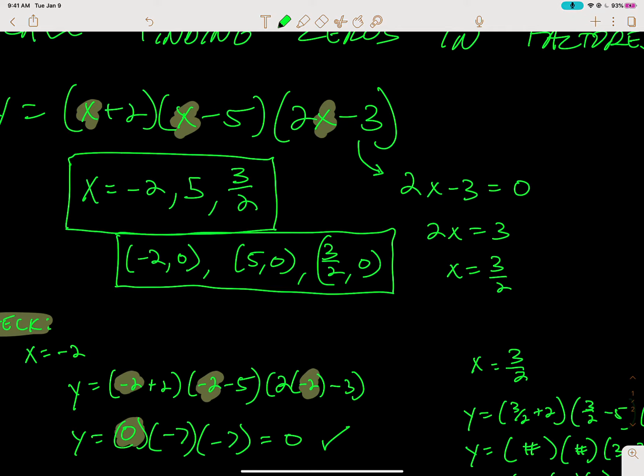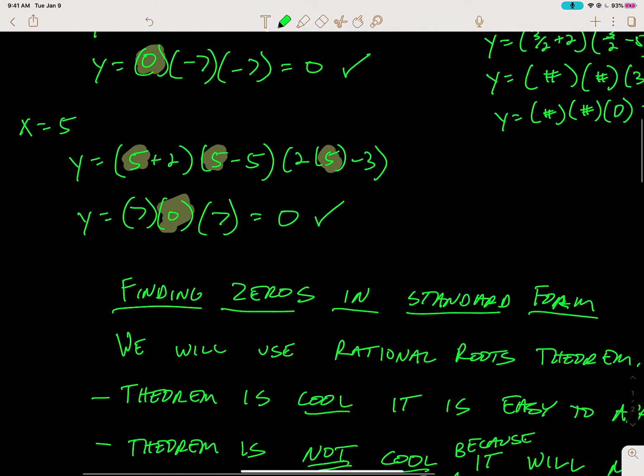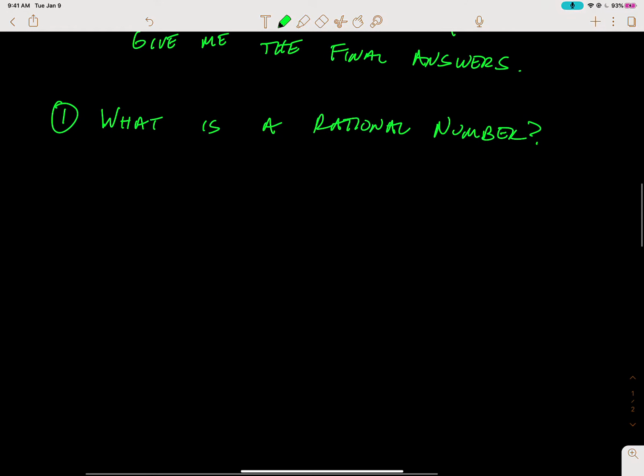These are all rational numbers. So a rational number is any number that can be basically expressed as a fraction. 2 over 3, 5 over 1, right? 7, because that could be 7 over 1. As long as the numerator and the denominator in the fraction are both integers, it works.